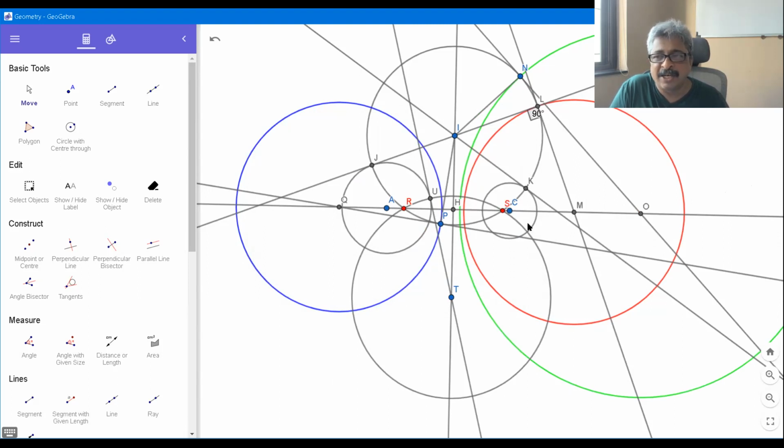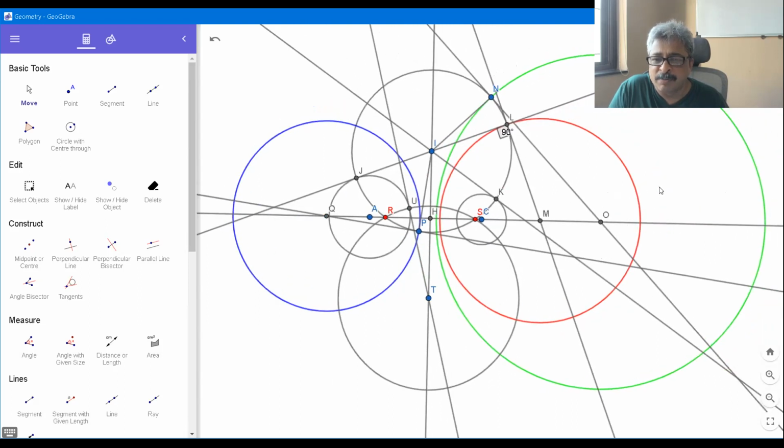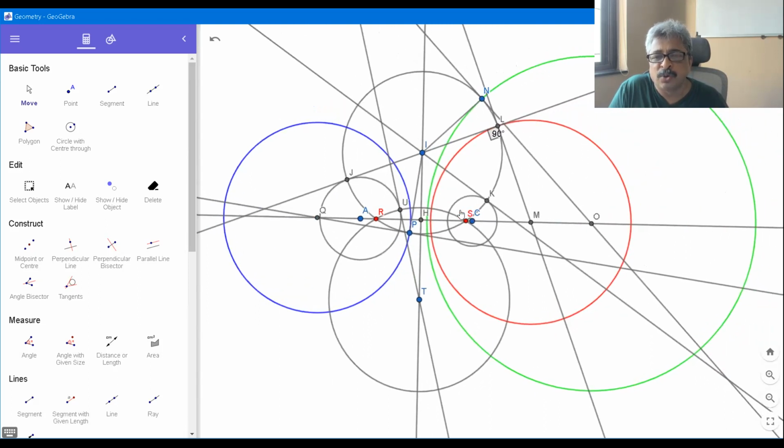Now, let me tell you the final story also. As far as the family of circles, blue, green, red, is concerned, IT is our radical axis.